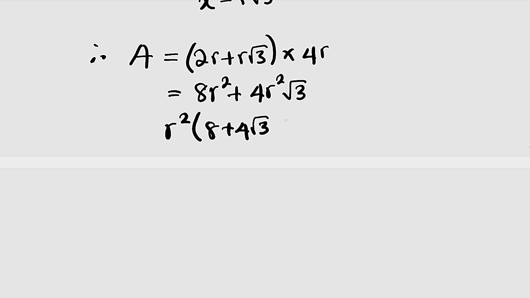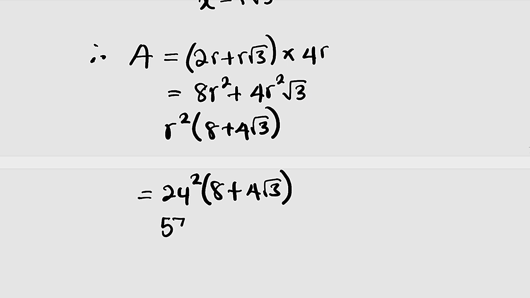I think this will be better. So this is 24 squared times 8 plus 4 root 3. All right, let me simplify this. 24 times 24 will give us 576. So 576 multiplied by 8 plus 4 root 3.